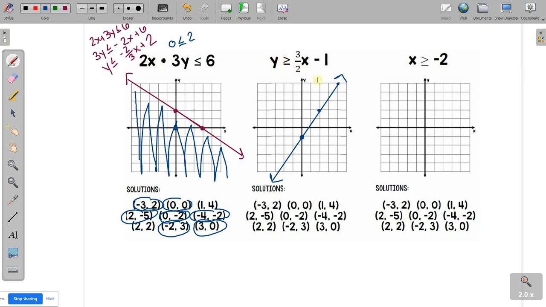And it is an equal to, so it's a solid line. Let's test a point. Let's choose (0, 0), since it's not on the line. So 0 is greater than or equal to -1. That is a true statement, so we're going to shade where (0, 0) is.